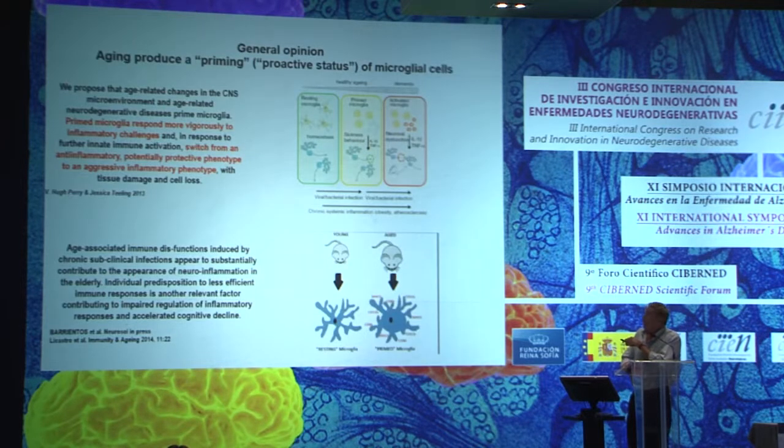Concerning the first question, the general opinion is that with aging, the microglia is already primed, in the sense that it acquires a proactive status in which these microglial cells respond more strongly to a second activation. Once again, these propositions are based on models.